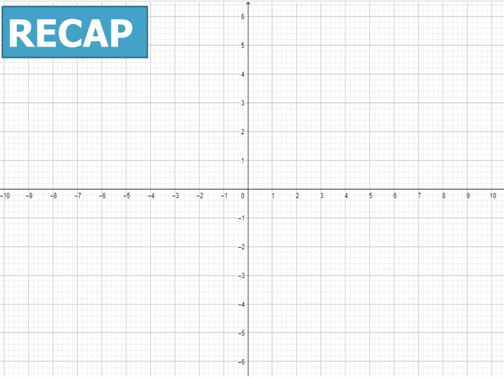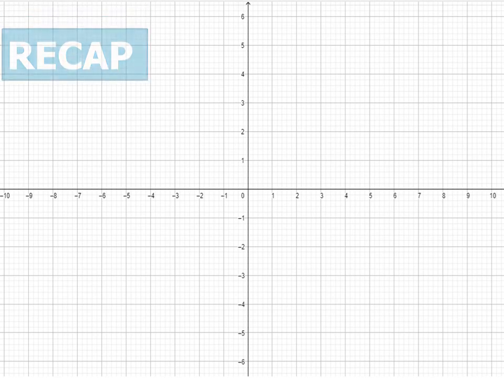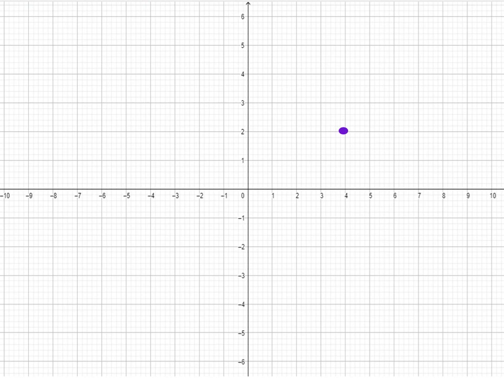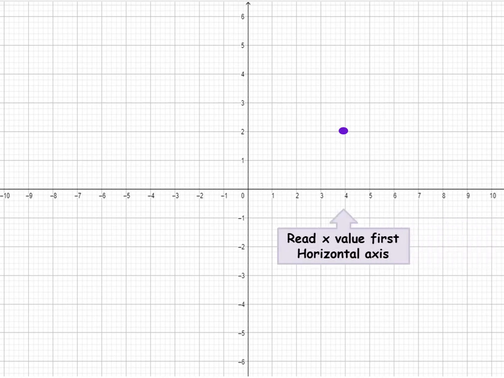Let's do a quick recap. To find the coordinates of a point, we look on the x-axis, and to find the number that best lines up with it, what number on the x-axis best lines up? 4, right?